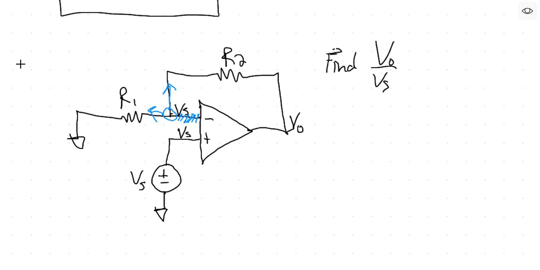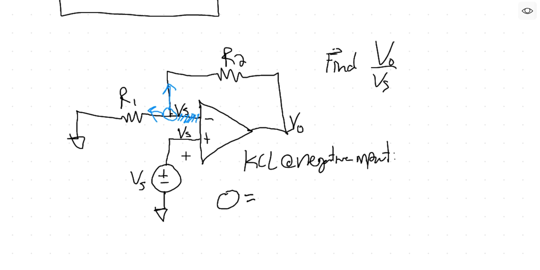All right, so let's do a KCL, Kirchhoff's current law, at the negative input. KCL tells us that the sum of all the currents at a junction equals 0. So we have 0 equals this current. It is Vs minus 0 over R1, right?